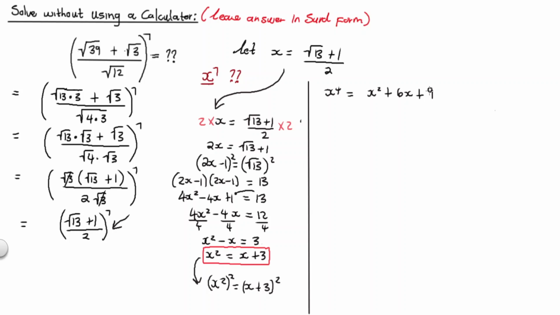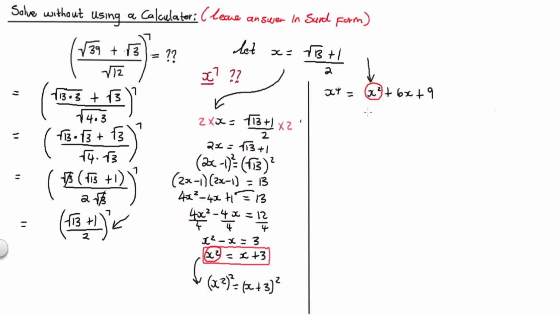Okay. At this stage, what I would do next, I would say, hey, I have an x squared. You remember that x squared we simplified? It's that, right? x squared is equal to x plus 3. So I'm going to substitute it here. On the right hand side, I'm trying to avoid a situation where there are higher powers.